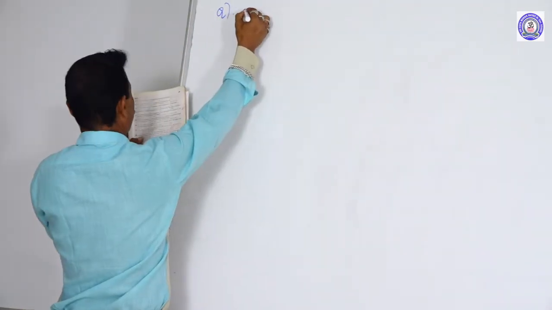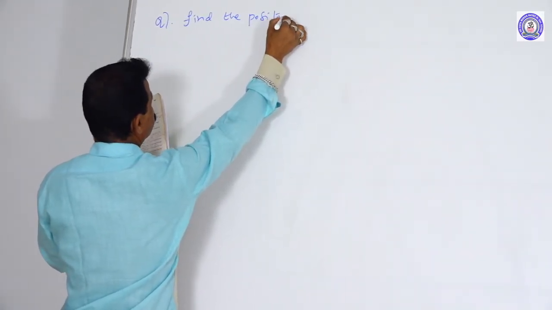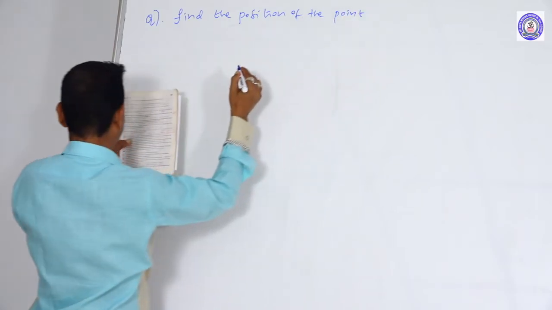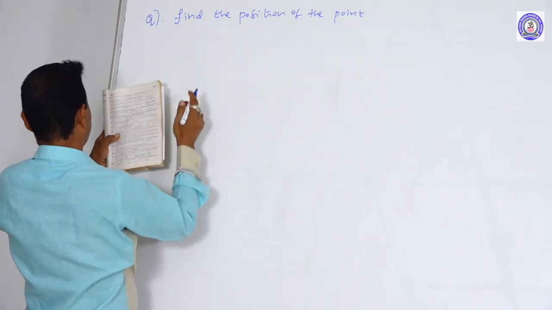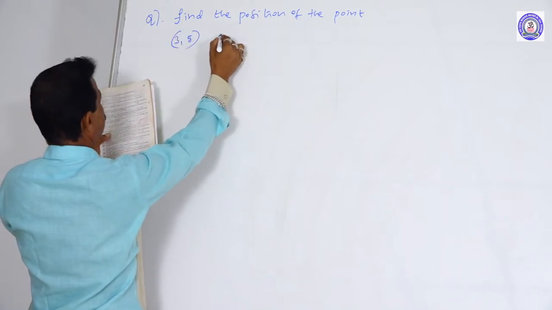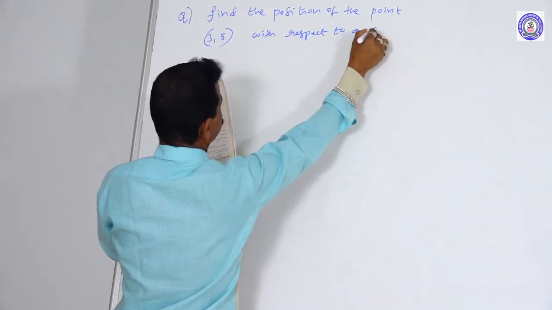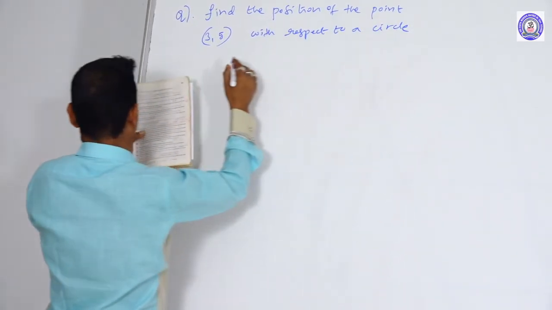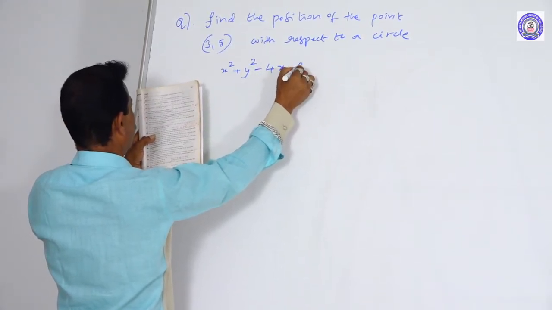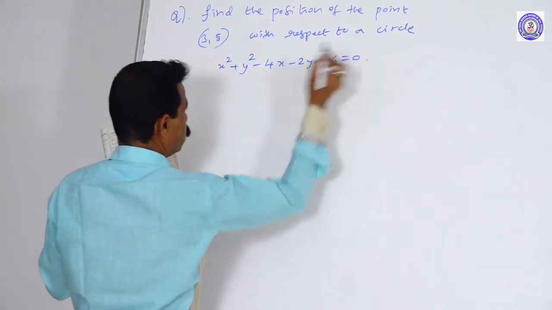Now find the position of the point (3, 5) with respect to the circle x square plus y square minus 4x minus 2y minus 36 is equal to 0.